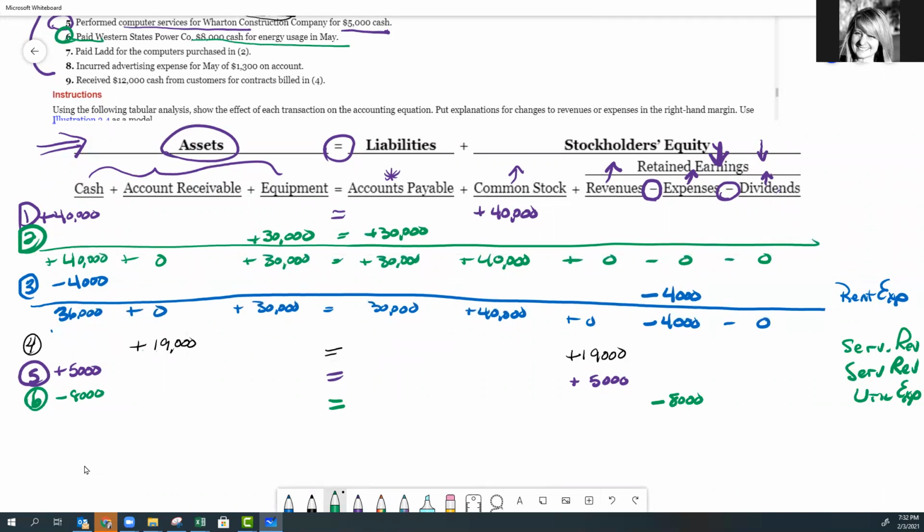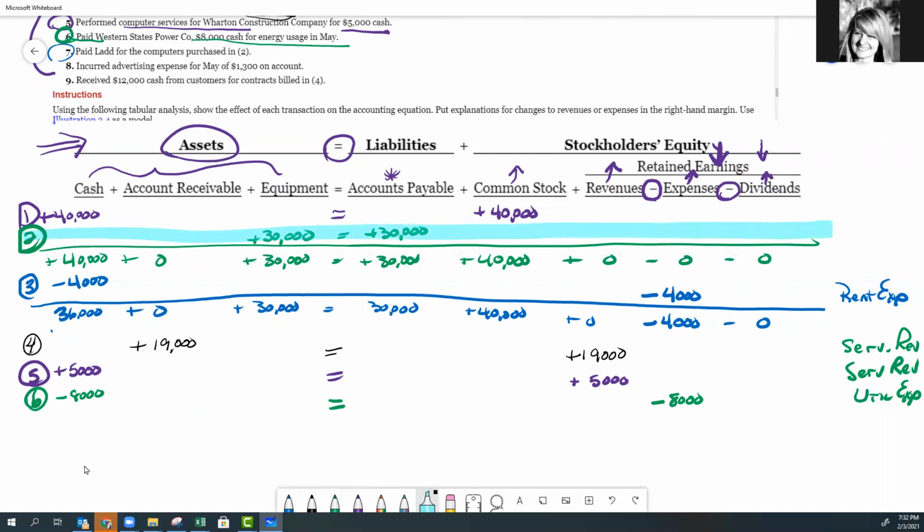Okay, so let's take a look at number 7. So number 7 says we paid LAD for the computers purchased in number 2. So let's come all the way back up here to number 2. Here it is. And in number 2, we purchased computers on account.